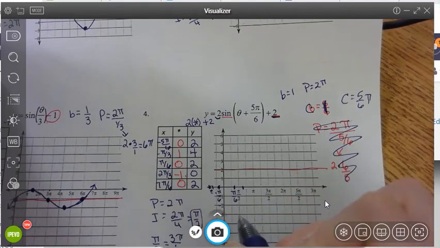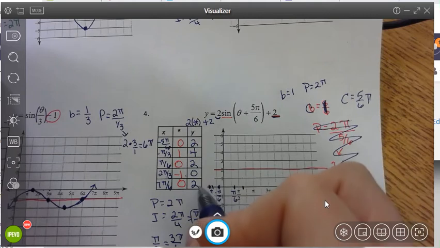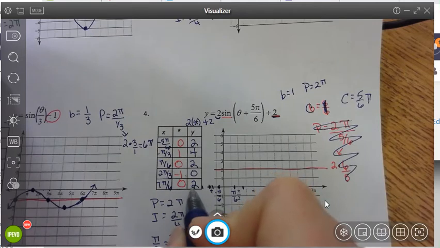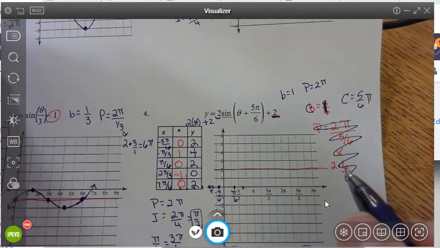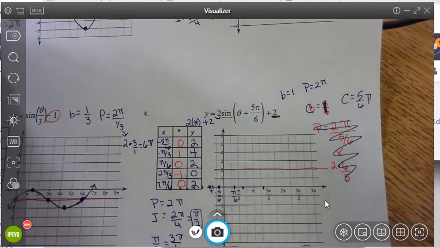This one's negative pi over 6, because that's pi over 2 there. This is not nice. I can't get it all in here. It didn't give me enough room. If this were to keep going backward, it would be over here, because it's all finished by the time it gets to 7 pi over 6, which happens to be right here.